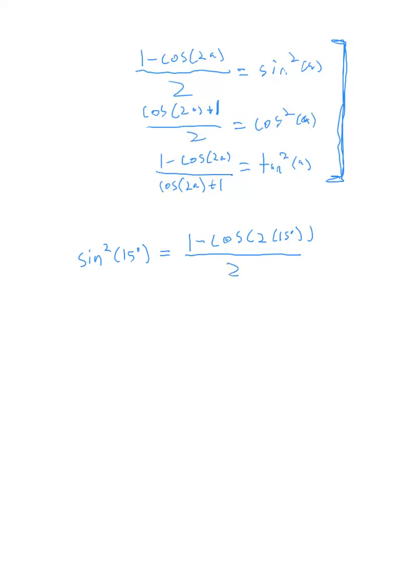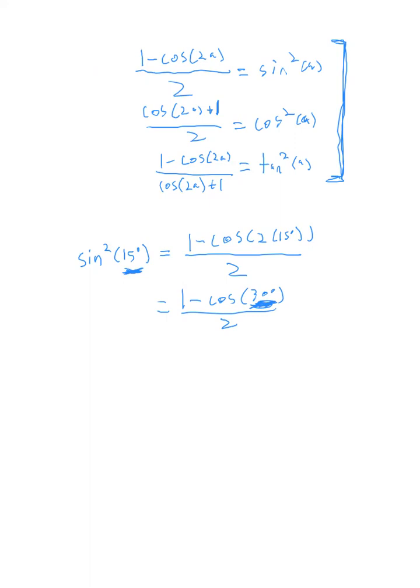And maybe we recognize 2 times 15 degrees is 30 degrees. So really, this gives us a very direct way to go from some angle to double of that angle. Starting with an angle and then doubling it lets us find half of angles that we don't know.